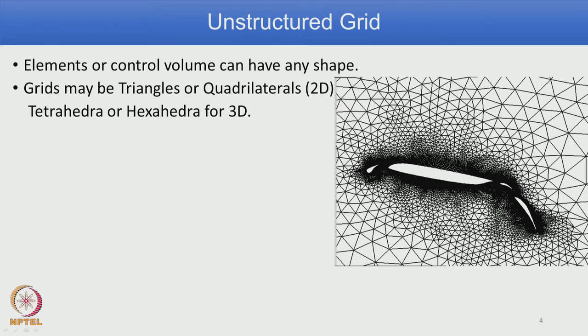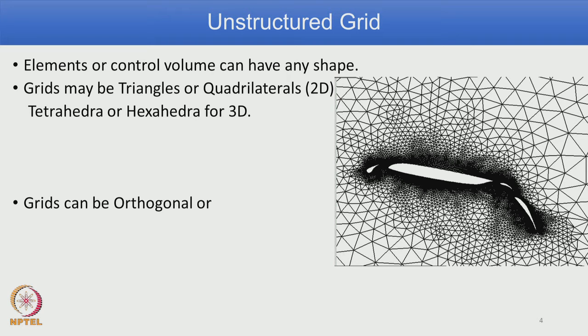As you can observe, we have elements of different shapes. It is usually a triangle or quadrilateral for the case of 2D, or tetrahedra or hexahedra in the case of 3D.